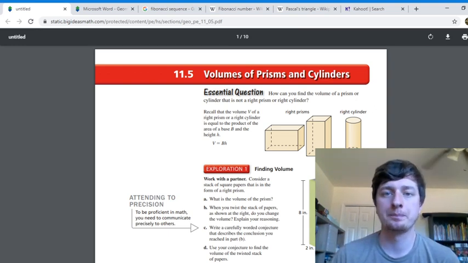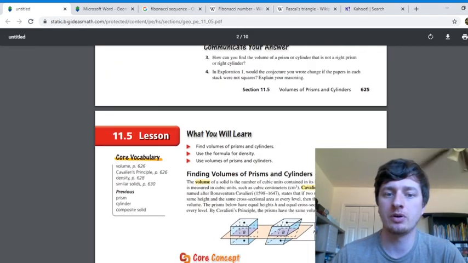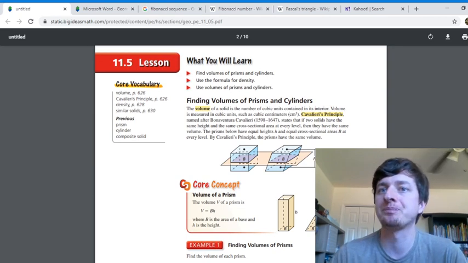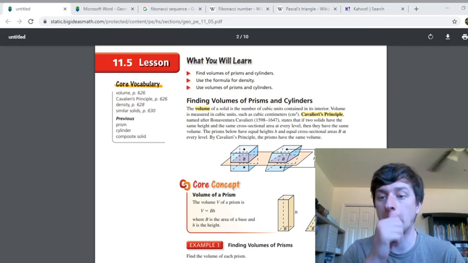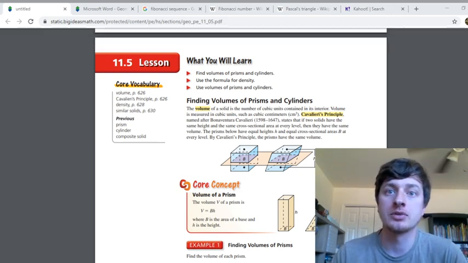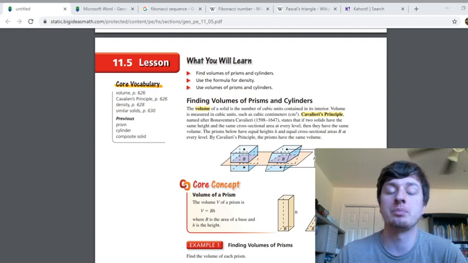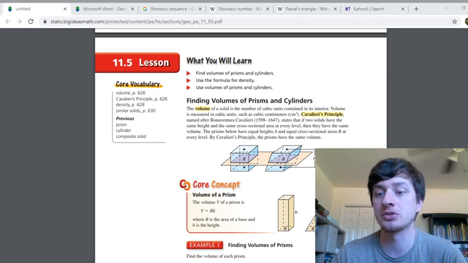And I'm going to skip these explorations and just talk about how volume is built and then calculated. So this is more of the formula section for the chapter. We're going to have some volume formulas. They're going to depend on what kind of shape it is, three-dimensional shape.